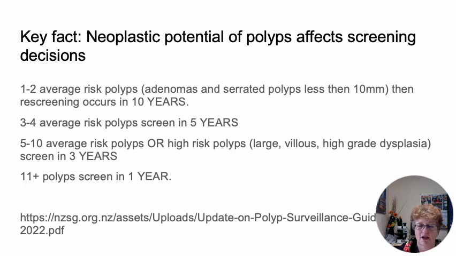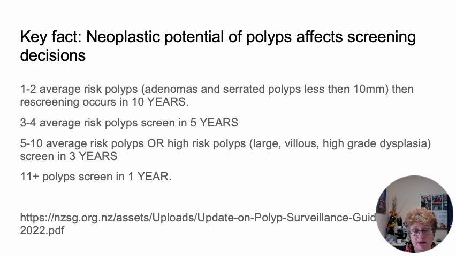When polyps are discovered in people's bowels, often with the bowel screening program, they are classified into risk categories that allow the program to determine when people are recalled. Most people will have a couple of average risk polyps and so should be rescreened in 10 years.